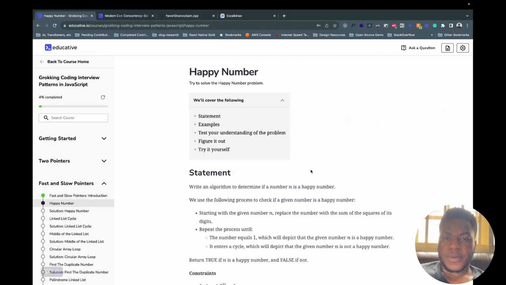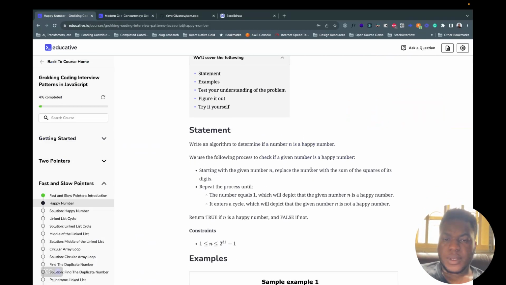Happy number. Try to solve the happy number problem. So write an algorithm to determine if a number n is a happy number. Okay. Use a function to check if a given number is a happy number. Starting with the given number n, replace the number with the sum of the squares of its digits, and repeat the process until the number equals 1.